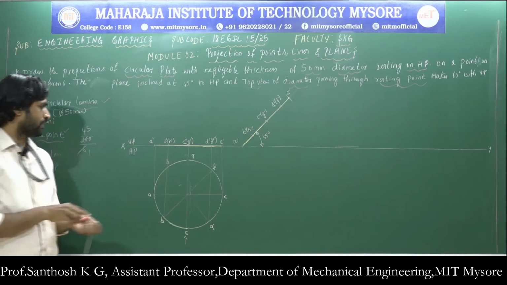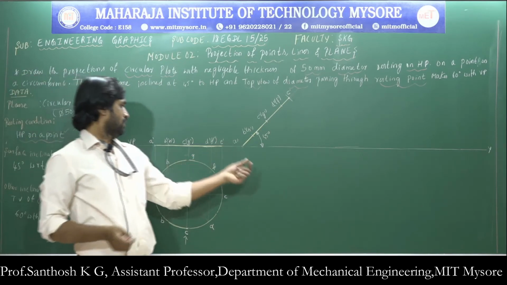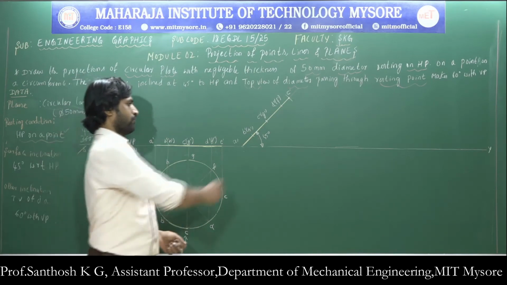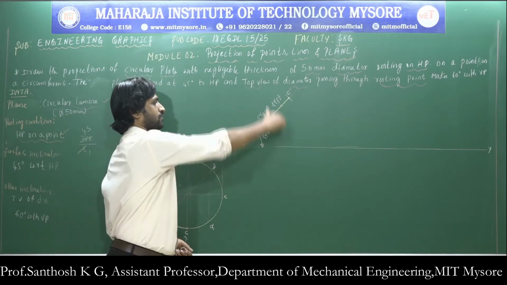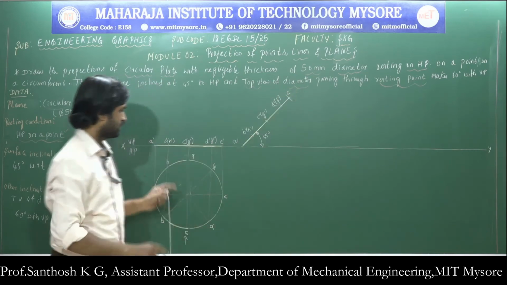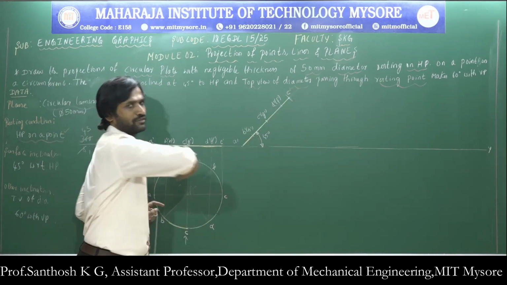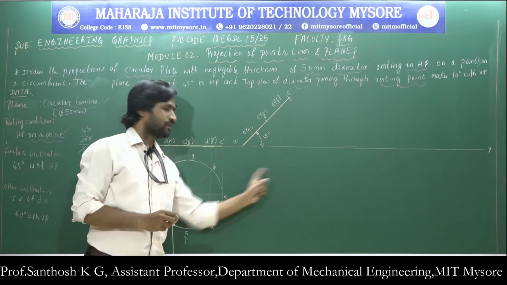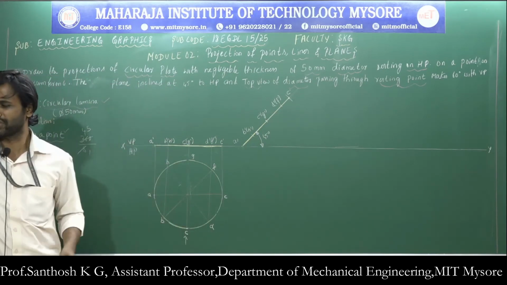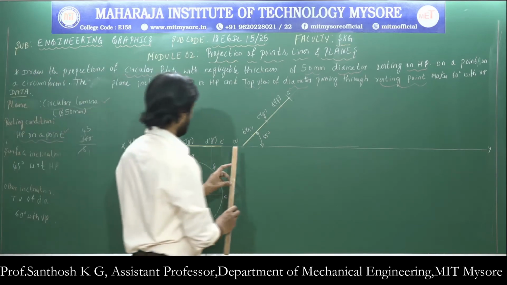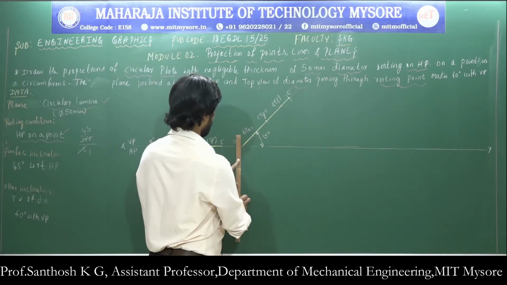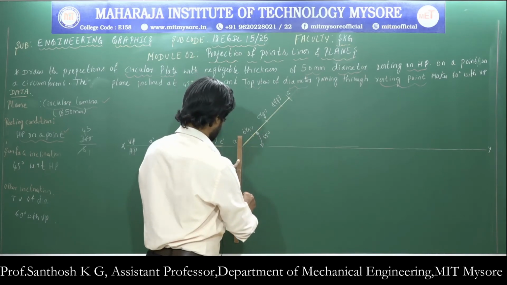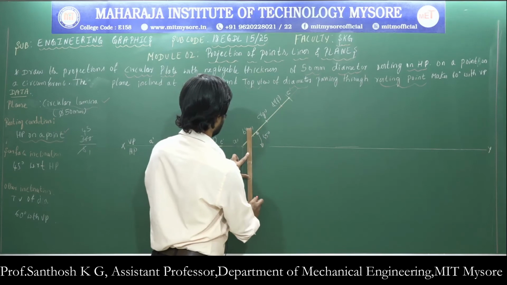Now, in order to get the top view in the second position, from these points I need to draw the vertical projectors, and from these points I need to draw the horizontal projectors. First I am going to draw the vertical projectors from the front view in the second position.